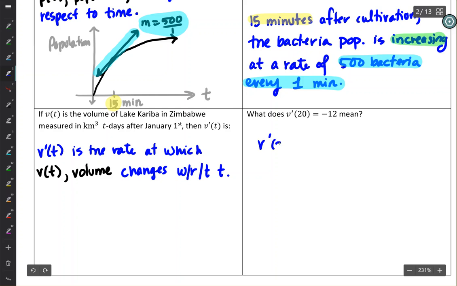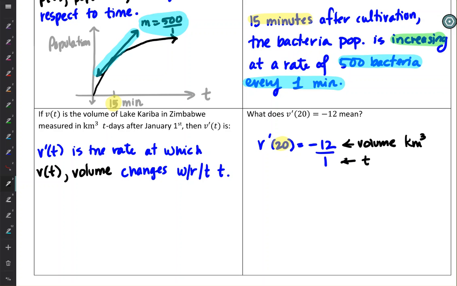So V prime of 20 being negative 12 means 20 days after January 1st, the lake is changing at a rate of minus 12, or if you want, minus 12 over 1. These are volume units, which is our kilometers cubed, over our t units, which is days after January 1st.